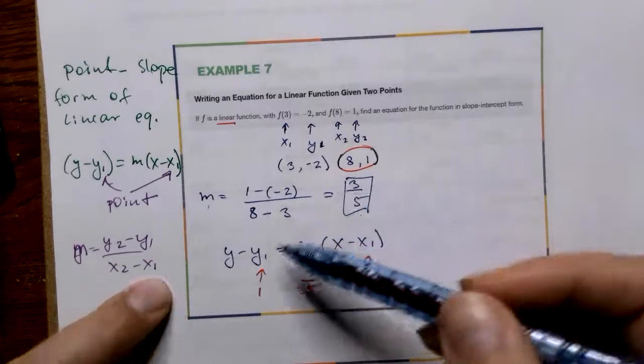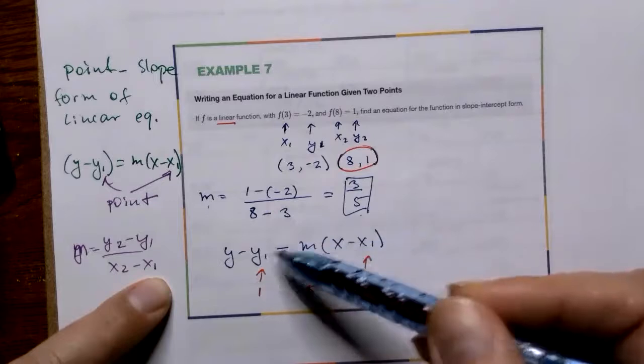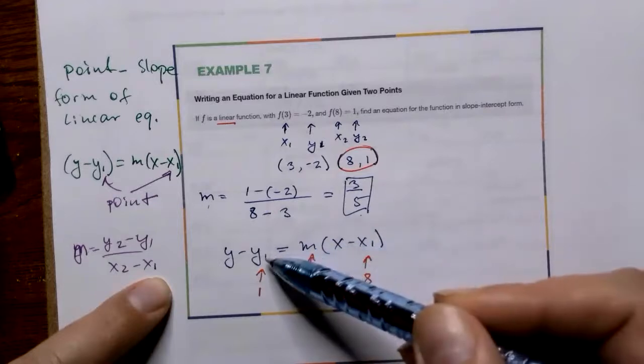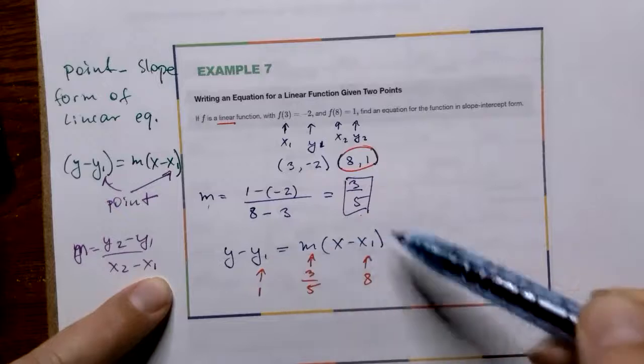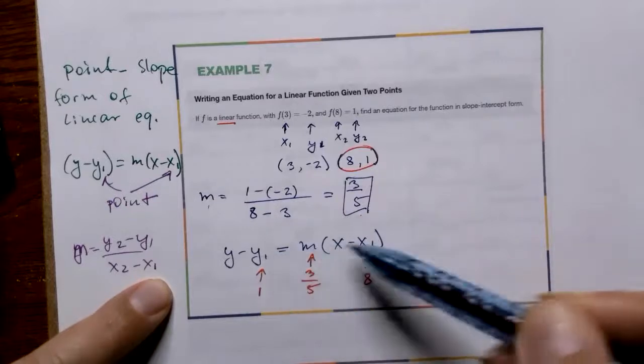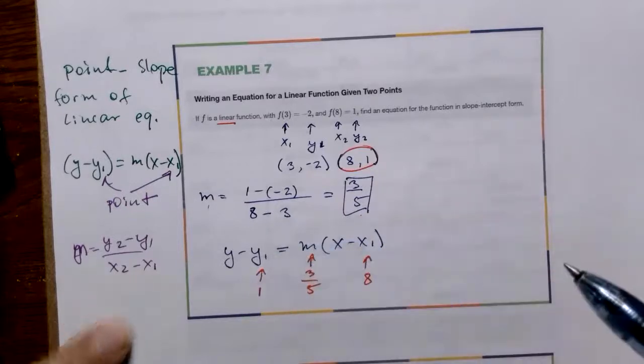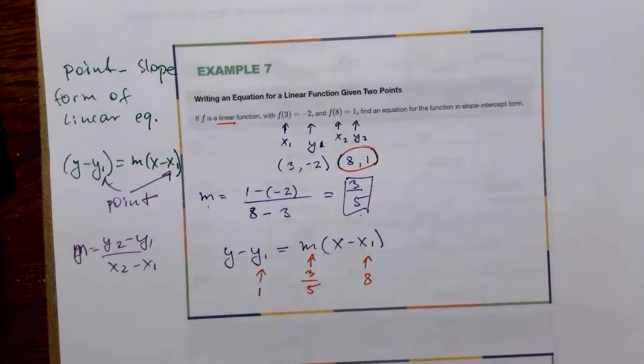Okay, and these could be any. This could be x1, y1, could be x2, y2, could be x3, y3, as long as they're matching coordinates from the same point. They could be anything. Okay, so let's finish this.